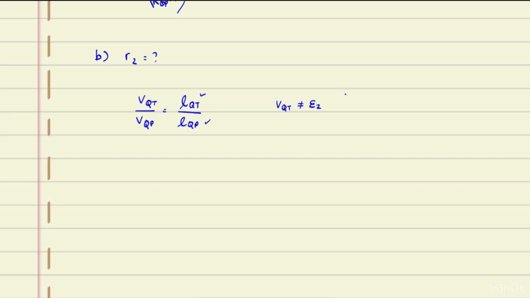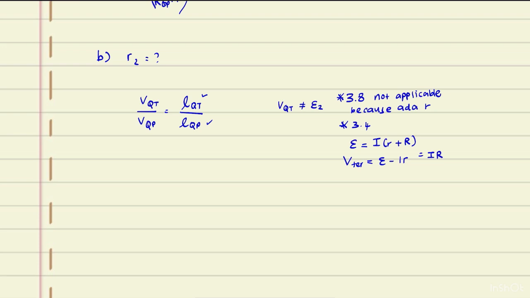So Miss just shows here 3.8 is not applicable because there is internal resistance. But we know the one that involves internal resistance is 3.4. In 3.4, EMF equals I small r minus I(r plus R), or V terminal equals EMF minus Ir, or IR of the external resistor. Okay. So, this is what we will apply.